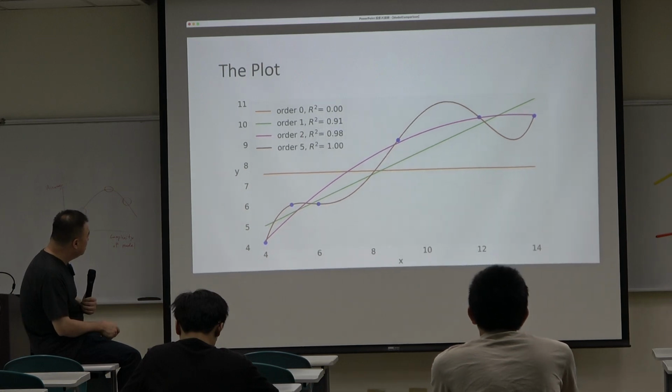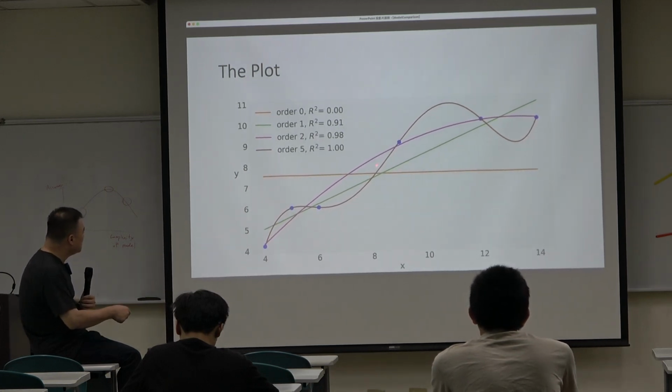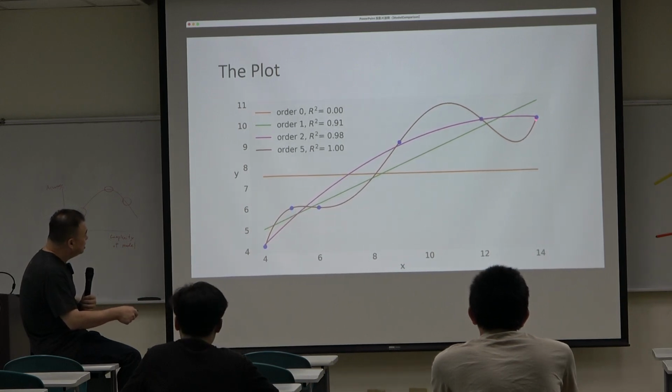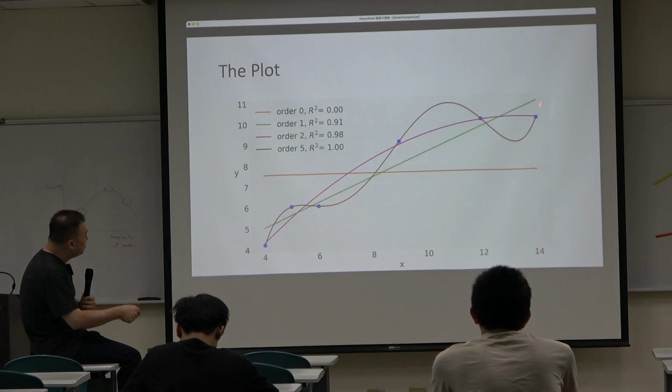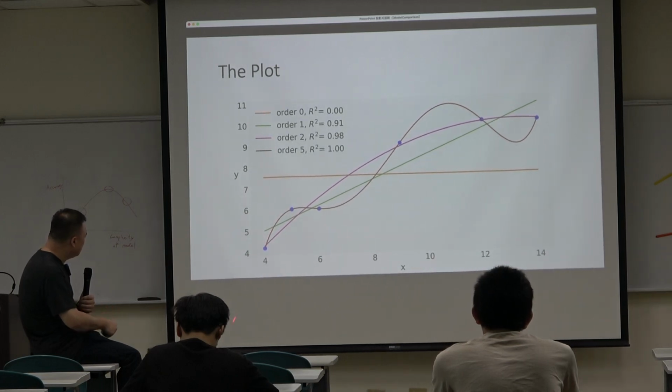But obviously, if you use this model of order 5, after this point the model will jump very high, and before this point the model is going to go down very deep as well.